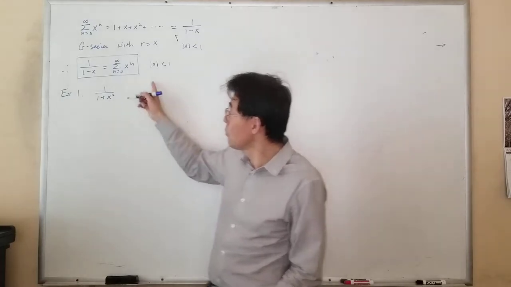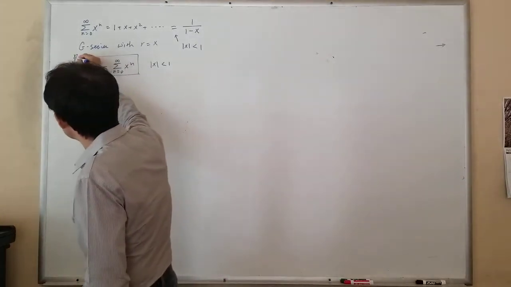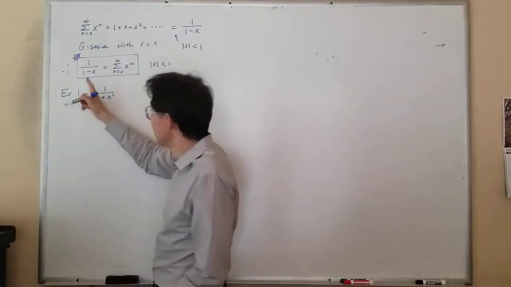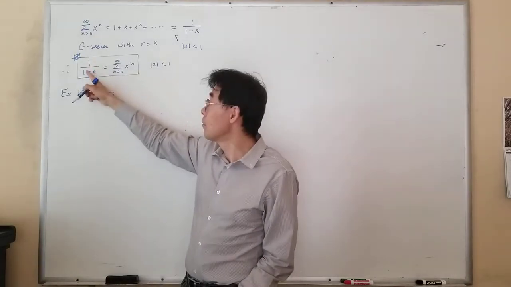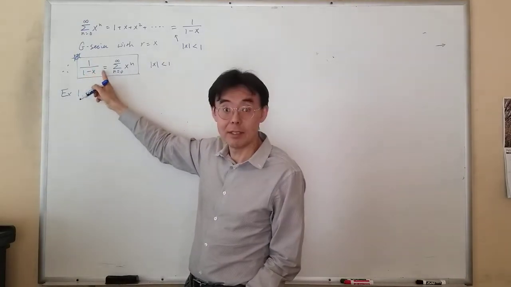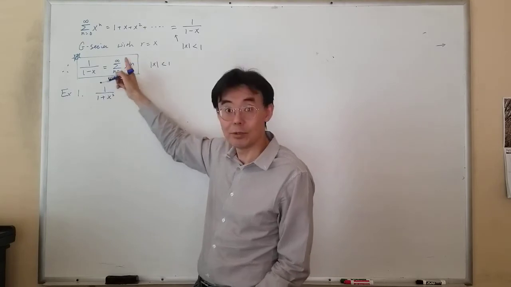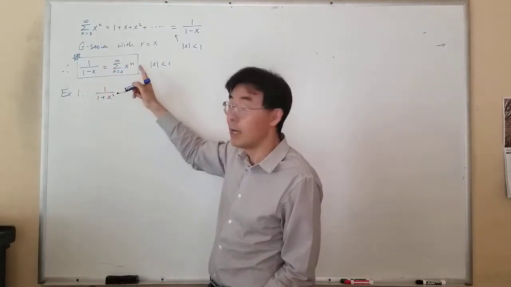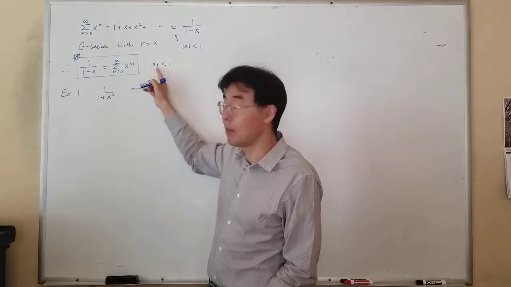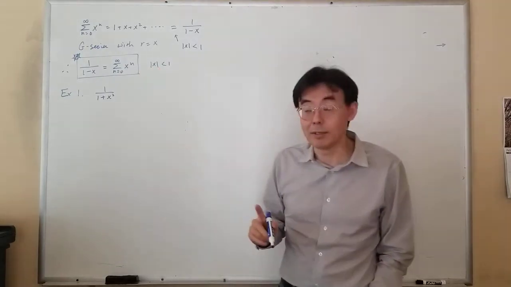Now you have to read this carefully. This means that 1 over 1 minus something is equal to the sum of something to the nth power, n runs from 0 to infinity, as long as the absolute value of something is less than 1.